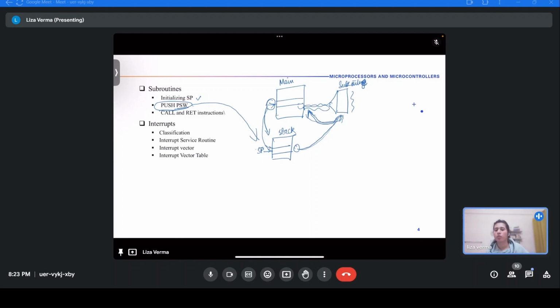Okay, yeah. So moving on to the interrupts. So interrupts are like, say your MUPI is executing some main program, and then an urgent need has occurred that you have to perform some other instruction routine in between this main program.